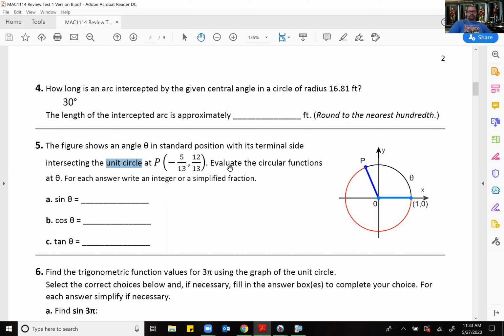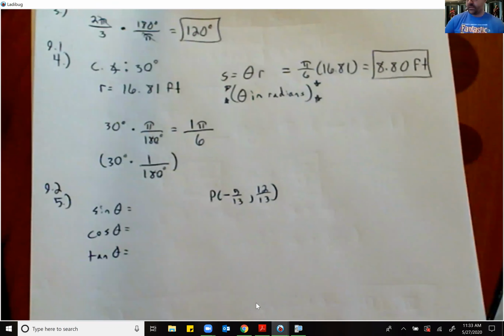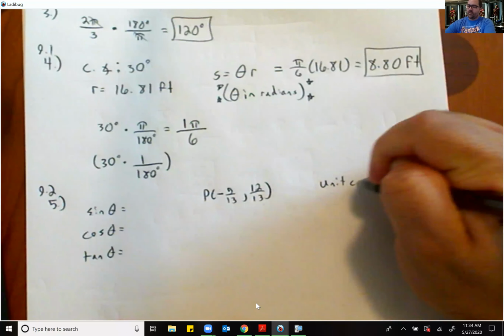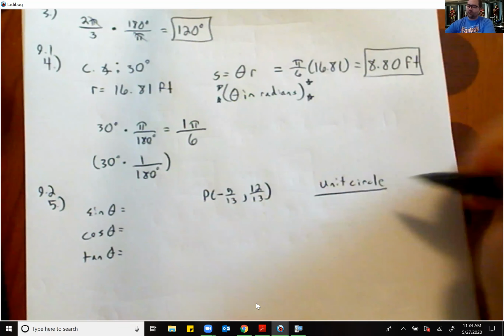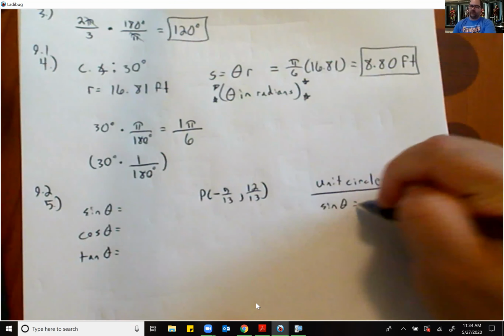So it says evaluate the trig functions. All right, so here's what we know. Remember that when you're on the unit circle, and this only works on the unit circle, sine theta is equal to y.